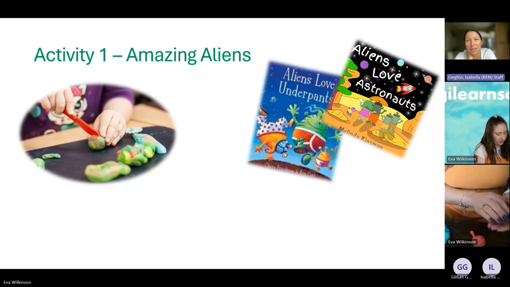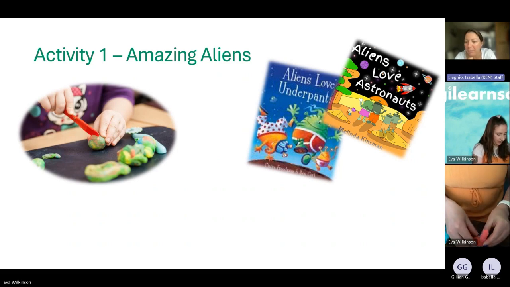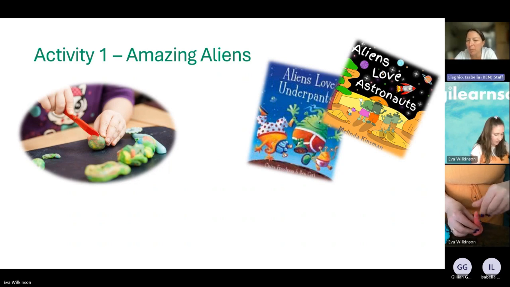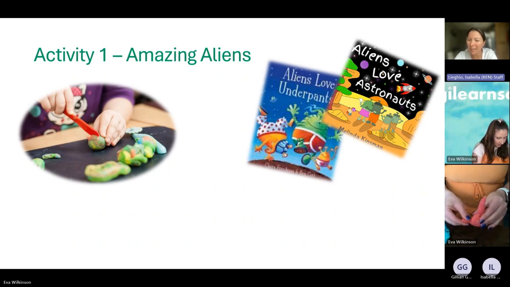And you might decide it's going to have a long curly tail, or a short spiky tail. So you can play around with your different colours and shapes. Right, okay, so we've got the body done. Eva's just finishing off the tail. And then what might we make next in our alien? It's looking very good.